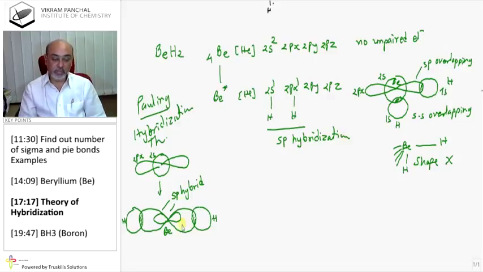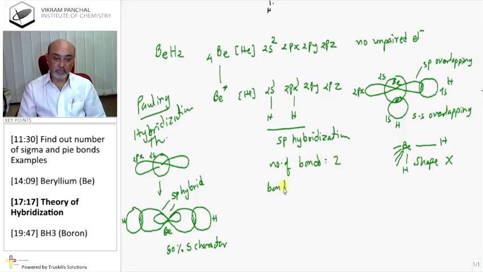In this, the sp hybrid orbital has 50% s character. That means it is more like a sphere. Number of bonds: 2.